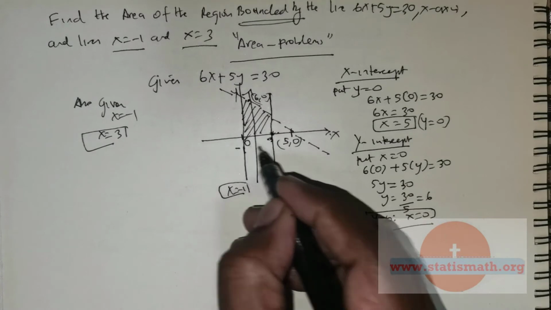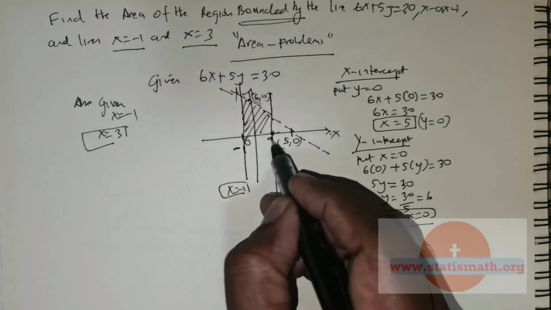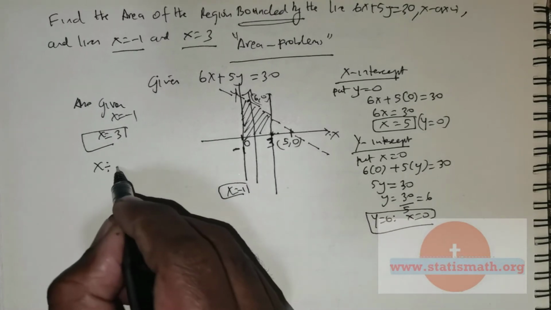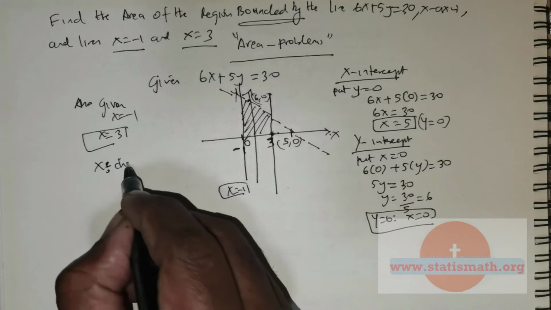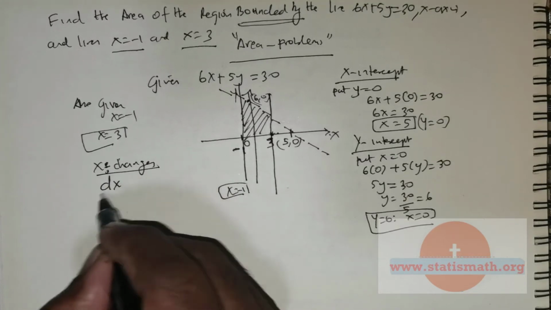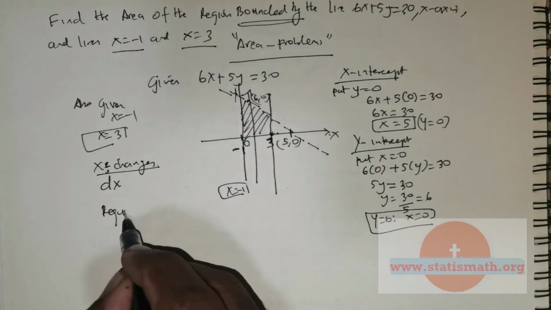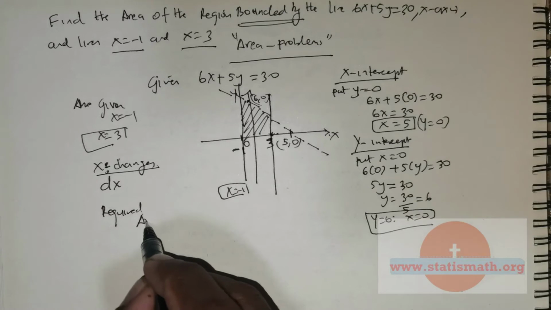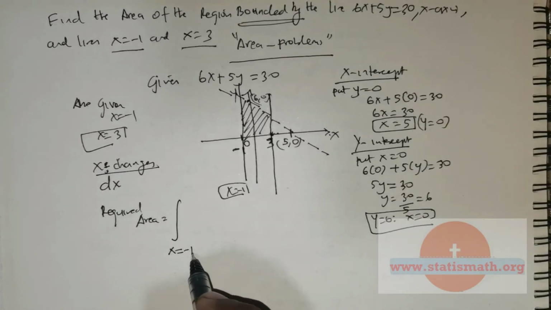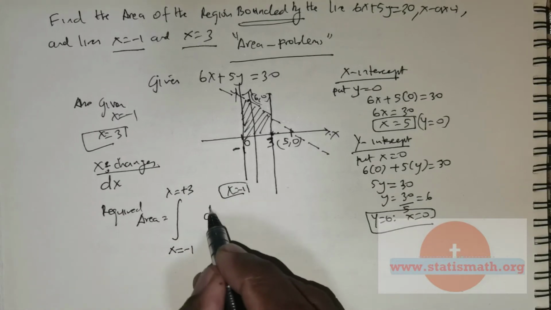Now if you clearly see here, x starts from -1 and goes up to positive 3. So x is changing. Anything that changes is represented as dx. Remember that. So the required area can be calculated as x varies from -1 to 3 and x is changing.